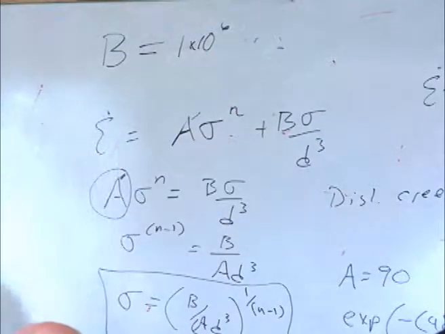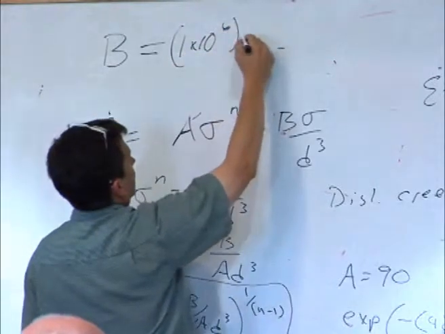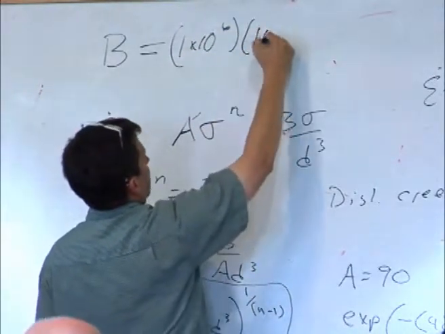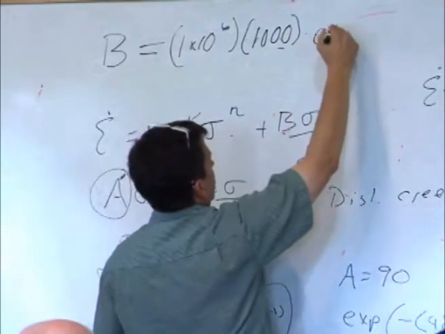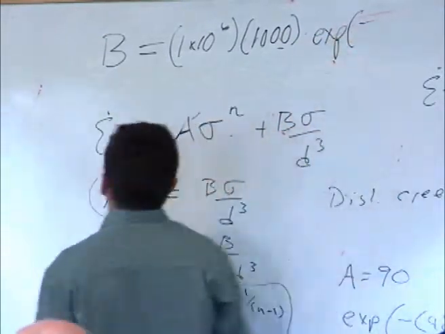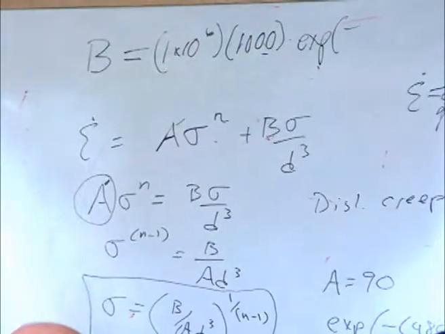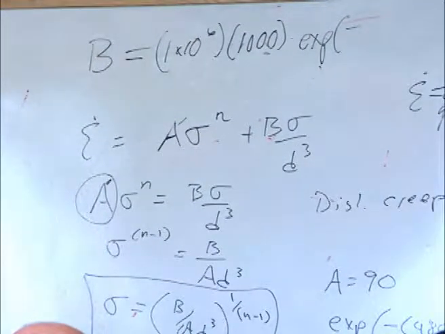And then this r thing is 1. So it's going to be that thing times 1,000 times exponential of minus 335.